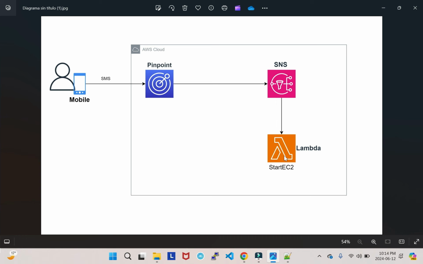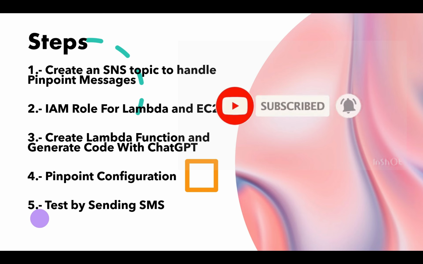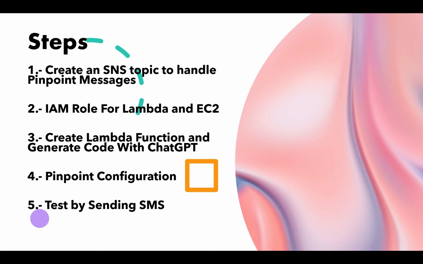Okay, so let's start. We will follow 5 steps. The first step, we will create an SNS topic to handle the Pinpoint messages. After that, we will create an IAM role for the Lambda function and the EC2. After that, we will create the Lambda function and generate the code with ChatGPT. I will not build the code from scratch.